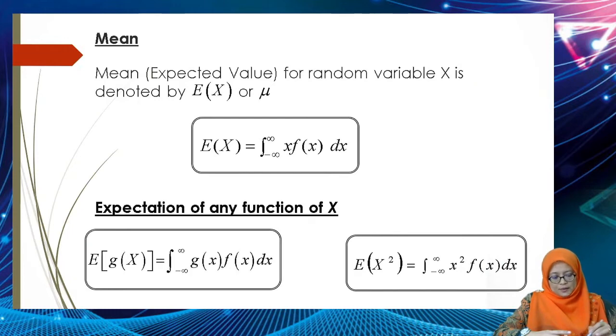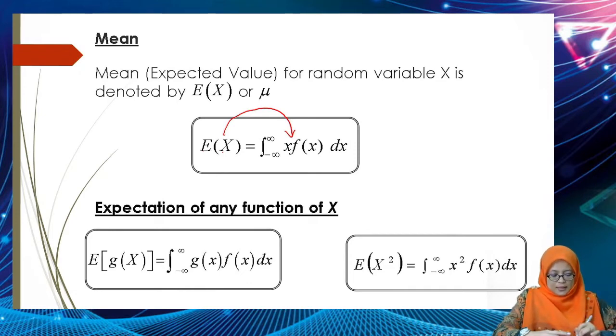So ini pun sama. Cuma dekat sini kalau awak nak cari expectation x, awak kena darab dulu awak punya function tu dengan x. Then integrate, ganti nilai macam biasalah. Okay, so then kalau you ada expectation for any function other than x, so sama juga basic dia.